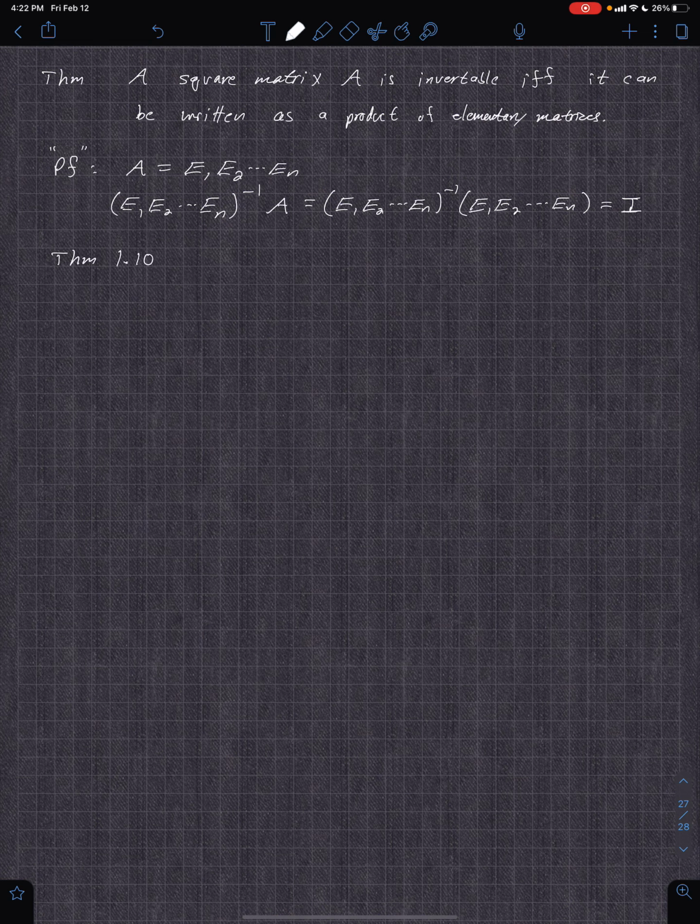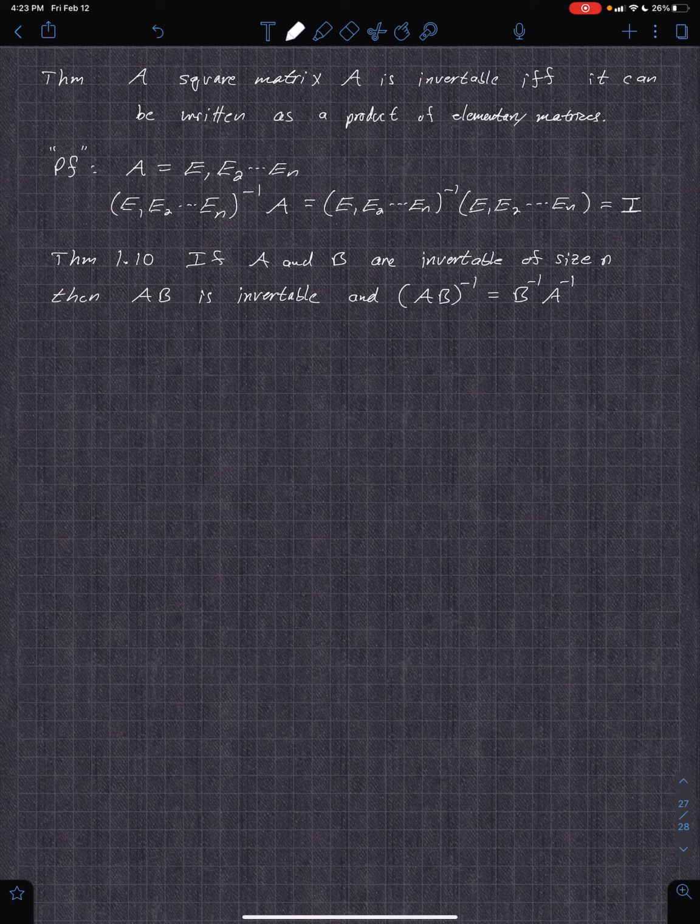Theorem 1.10 says if A and B are invertible of size n, then AB is invertible and AB inverse must equal B inverse A inverse. It's like you got to commute those.